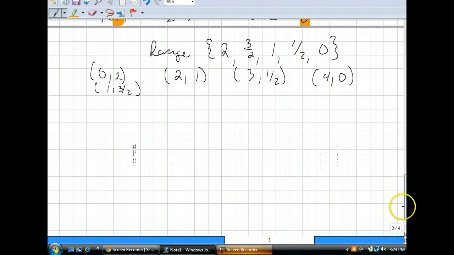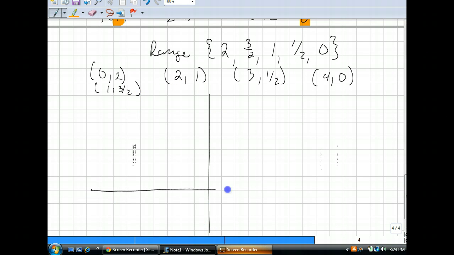So now if I go to graph those, 0, 2, over 0, up 2, 2, 1, 3, 1/2, oh, I missed 1 and 3/2, and 4, 0.